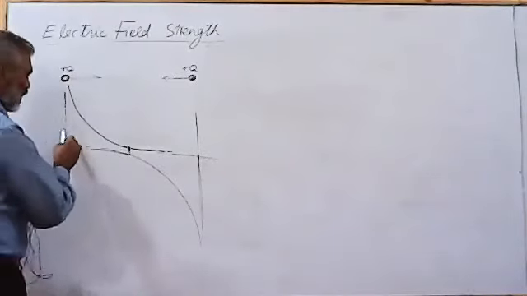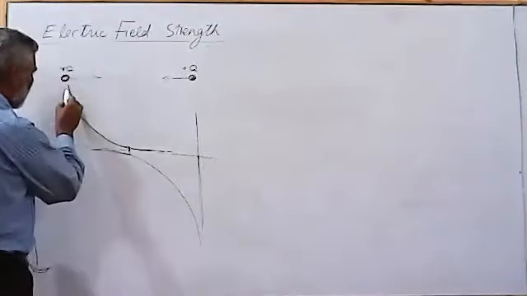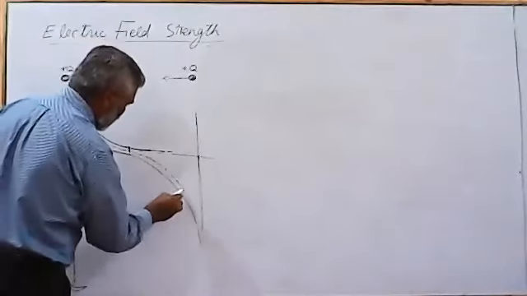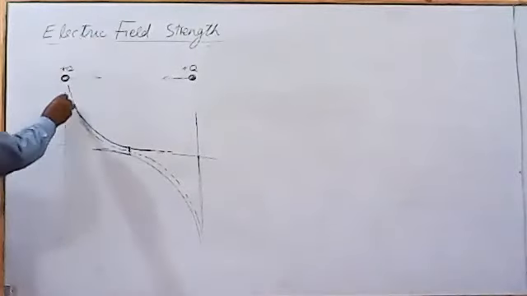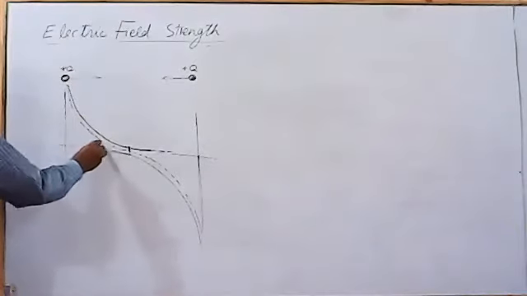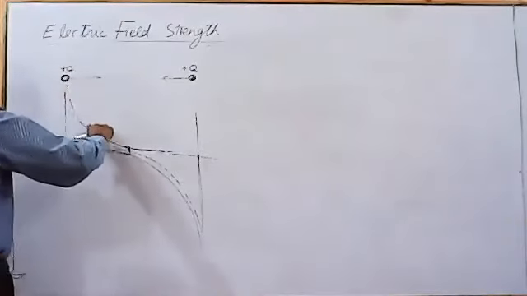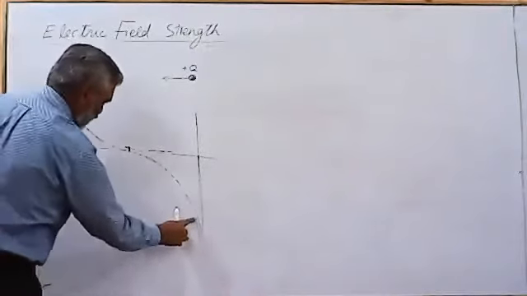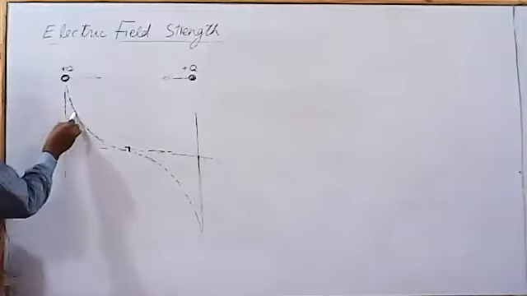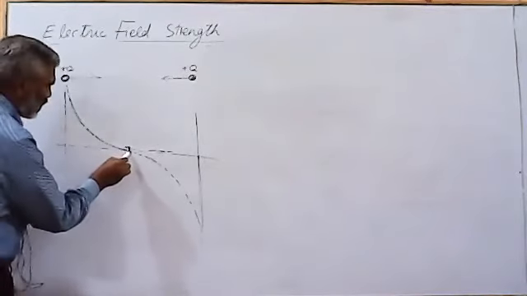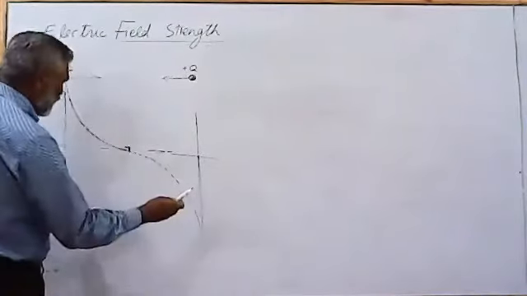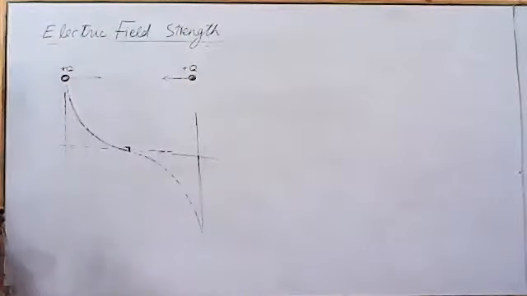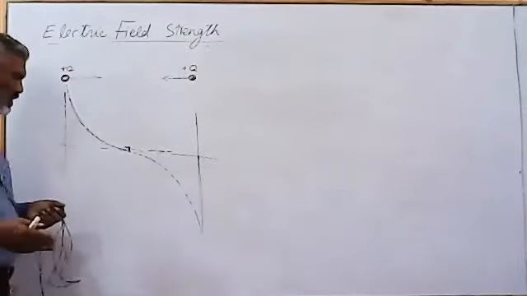So if I draw the net electric field of the two, it looks like this. So net electric field is this broken line, which passes through 0 somewhere in the center, because these two are exactly equal in magnitude, opposite in sign.